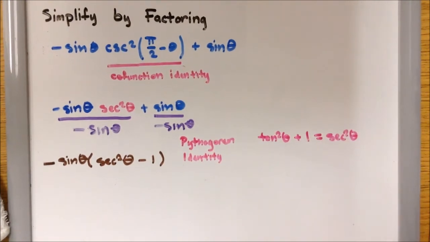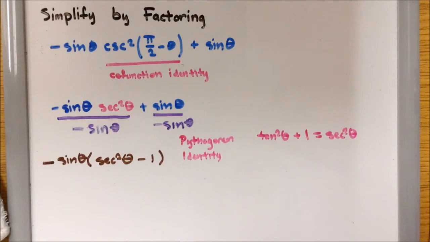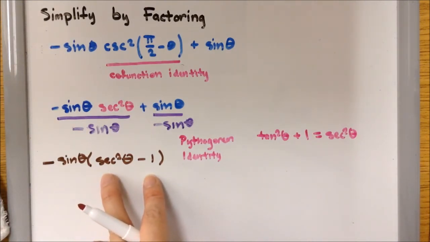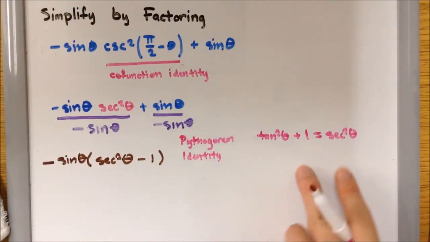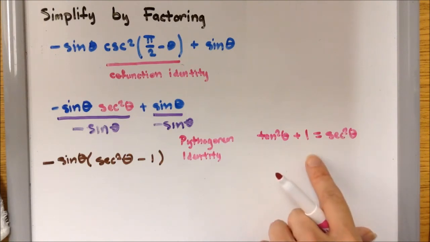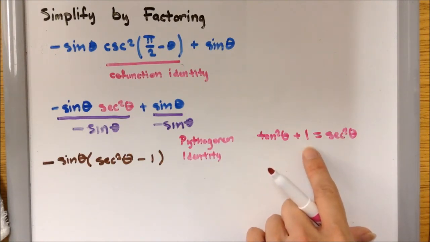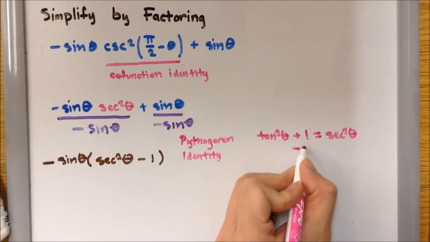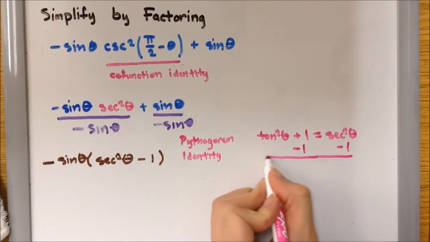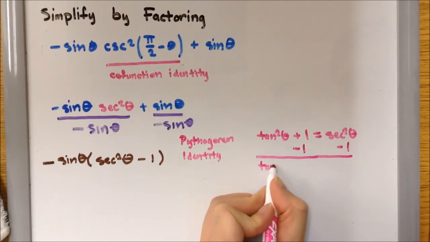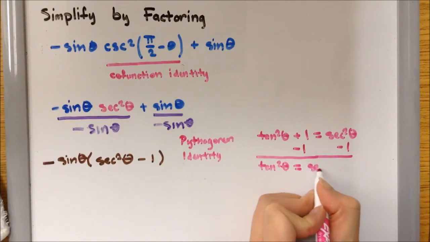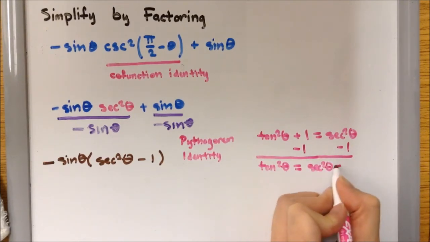So that's the Pythagorean identity that we're going to use. Now, here I have secant squared theta with the minus 1, but the 1 and the secant square theta are on separate sides of the equal sign. So I'm going to cancel out this 1 by subtracting 1 on the left side, subtracting 1 on the right side. So tangent squared theta will equal secant squared theta minus 1.